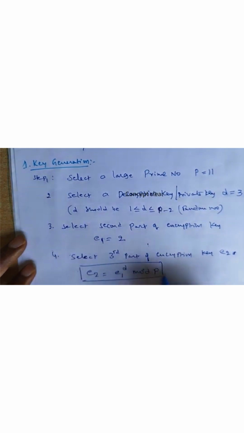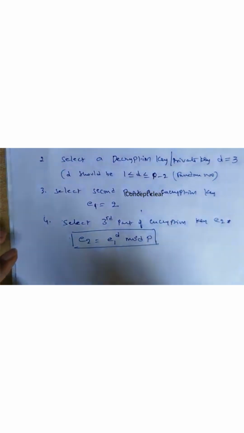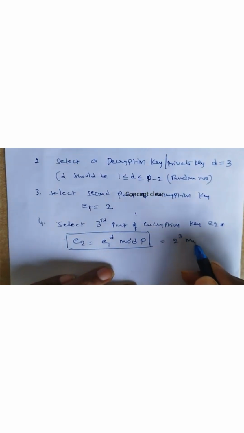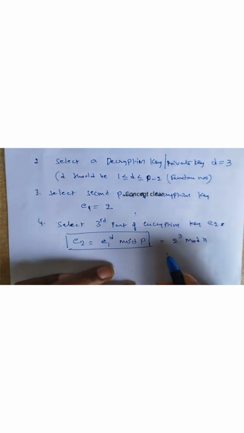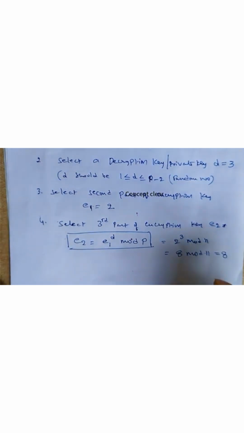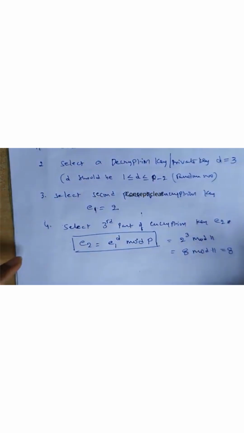Here to find E2, we have a formula: E2 equals E1 power D mod P. If we substitute the above values in this equation, we will get 2 power 3 mod 11, that equals 8 mod 11, that equals 8. So E2 equals 8.